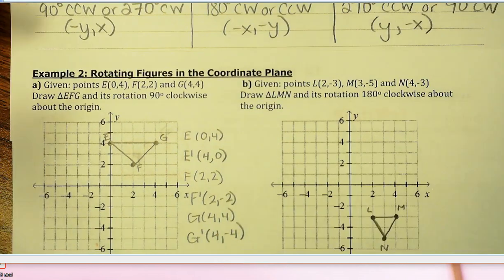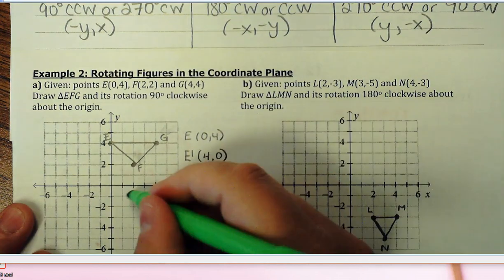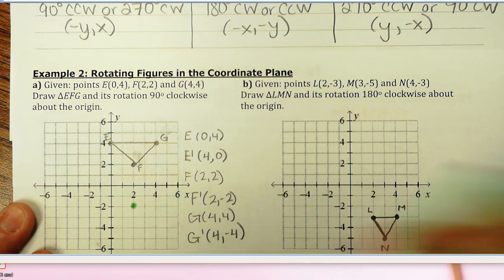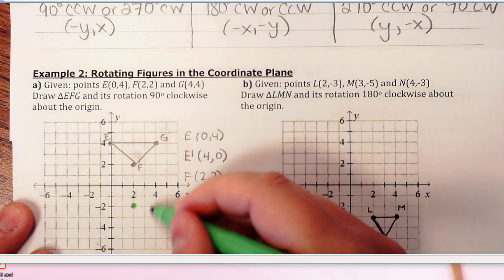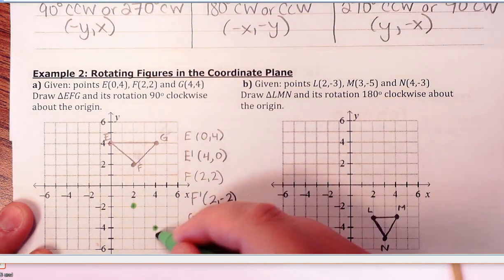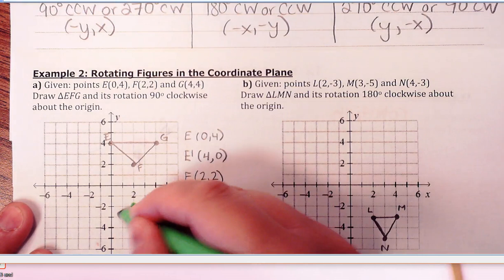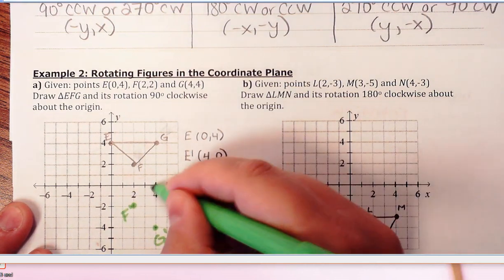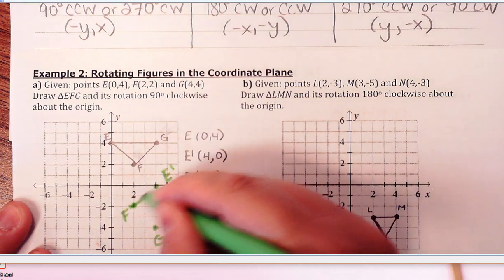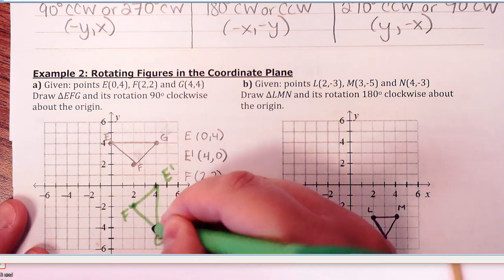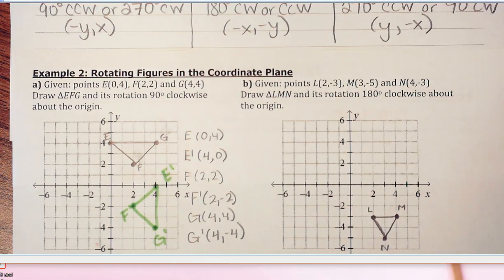And I'll come over on the graph and plot my image. All right, so (2, negative 2), and I have (4, negative 4). This is G prime, this is F prime, and this is E prime. And I just want to show you real quick how if you connect these back to the origin, they do make a 90-degree angle.